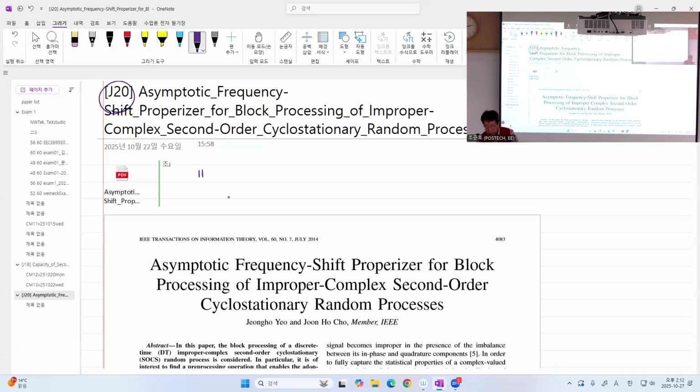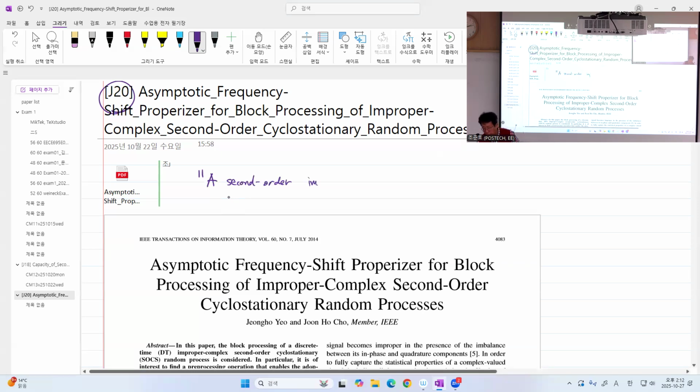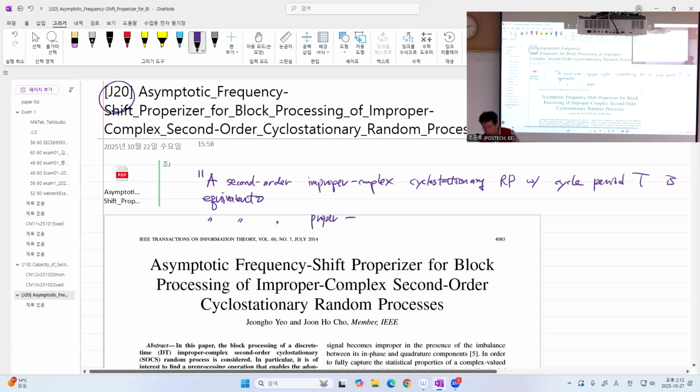Simply put, a second order improper complex cyclostationary random process with cycle period T is equivalent to a second order proper complex cyclostationary random process with cycle period 2T.